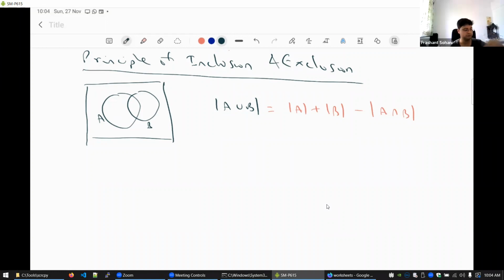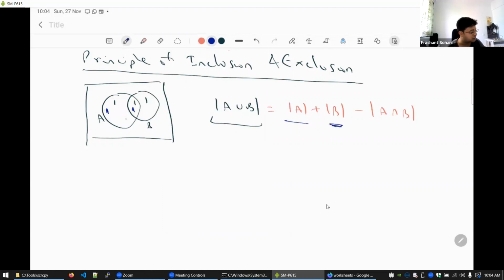Yes, correct. Basically the left hand side has to count all the elements in all the 3 regions exactly once. The first term on the RHS, mod A, counts everything in A once each.